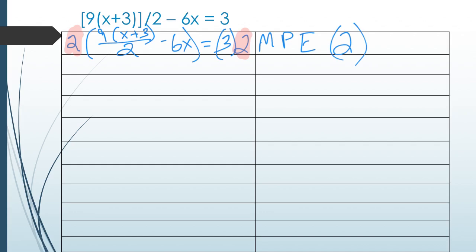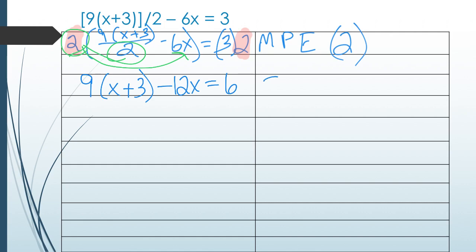So when I go to combine like terms, I'm going to see that this and this are going to cancel, and then this and this will multiply. So my next line, I'm just going to skip here because I need space, is going to be 9 times (x plus 3) minus 12x equals 6. That's what happens when I simplify. Because remember, the 2 times 2 had to go to this part and to this term, because we're multiplying the entire thing.